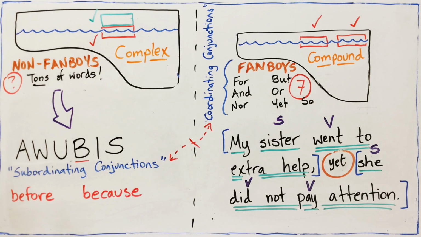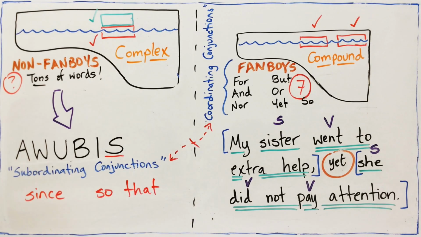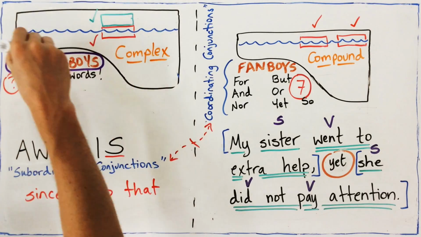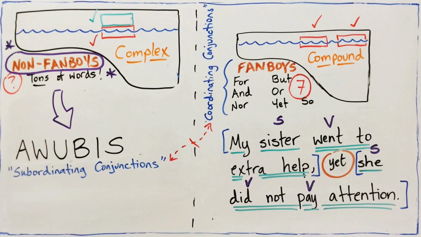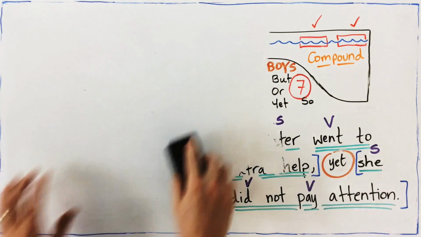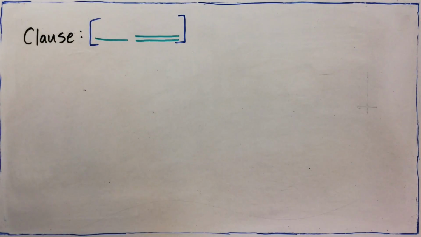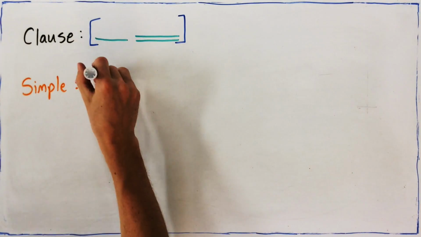The key difference is that they can't stand between two independent clauses. Instead, all of these awubis words join one clause or the other, and whichever clause gets the non-fanboys becomes dependent. At the end of the day, it's all about the conjunctions. If you can spot a fanboys between two clauses, boom, compound sentence. If you can spot an awubis trying to stand between two clauses, boom, you found a complex sentence.